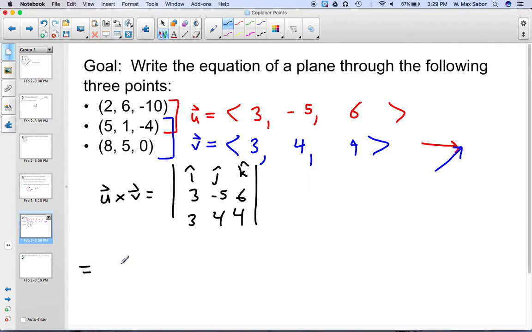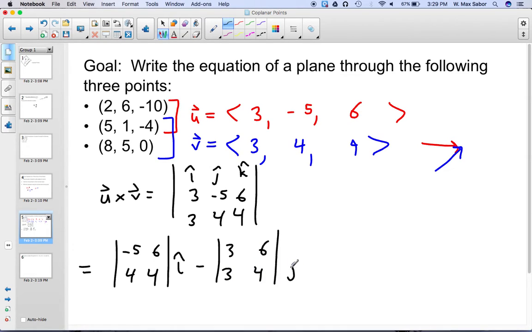So that gives us the determinant of negative 5, 6, 4, 4, minus the determinant of 3, 6, 3, 4, plus the determinant of 3, negative 5, 3, 4.